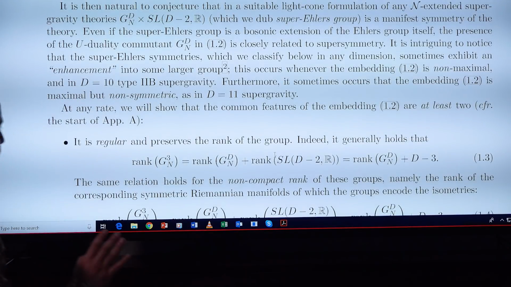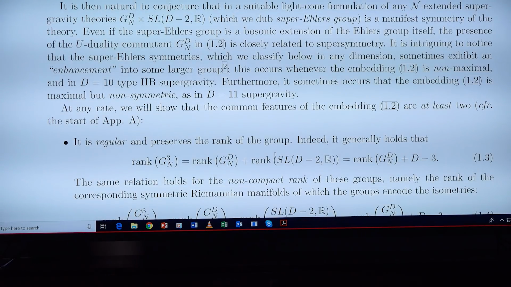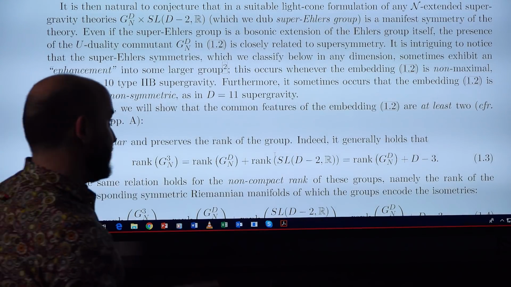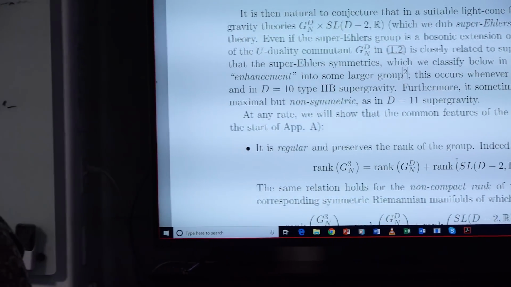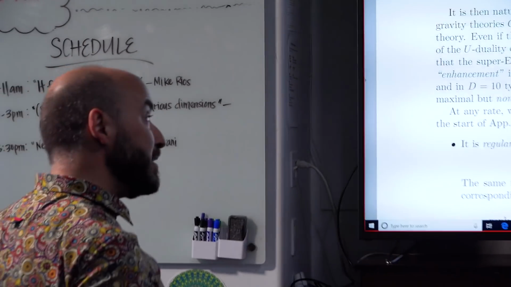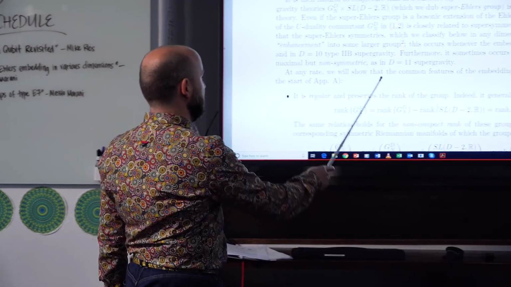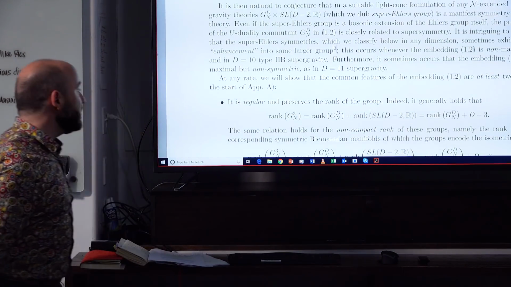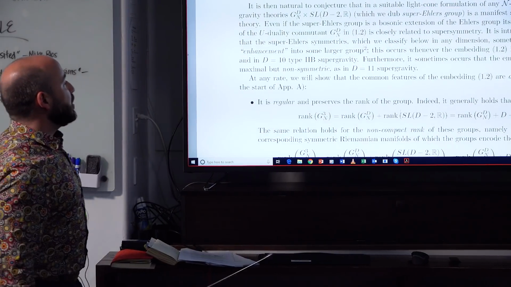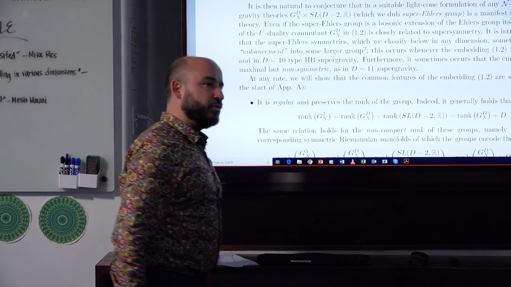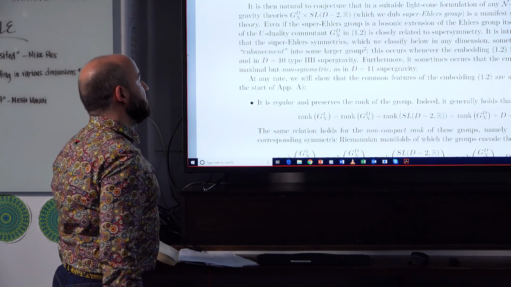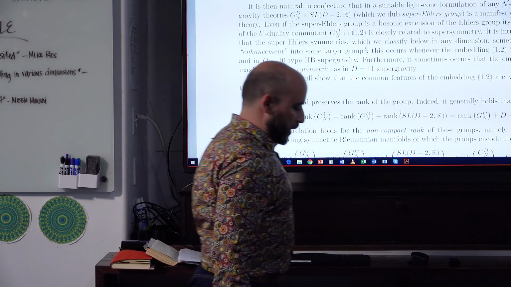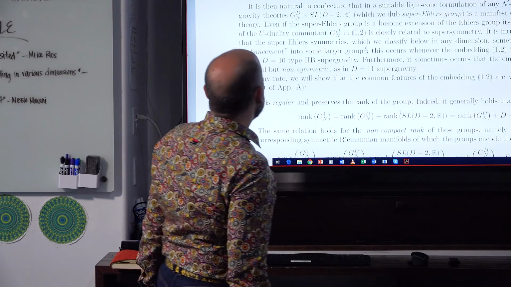Let me say that I will concentrate on M-theory, so in particular the theory whose low energy limit is described by 11-dimensional supergravity. This will concern a certain non-compact form of E8, and also the symmetry SL(9) will be relevant.